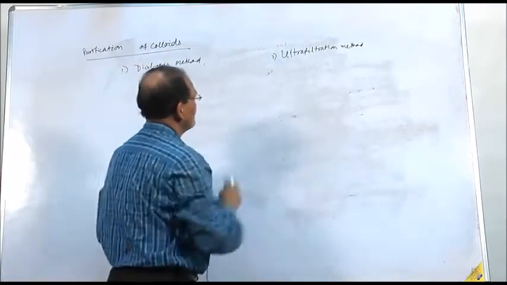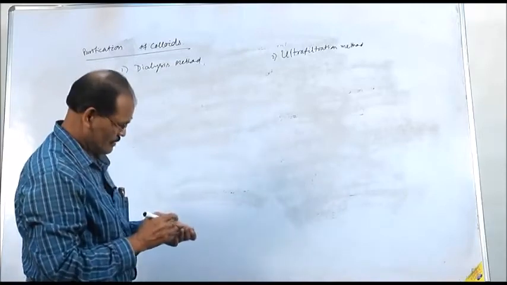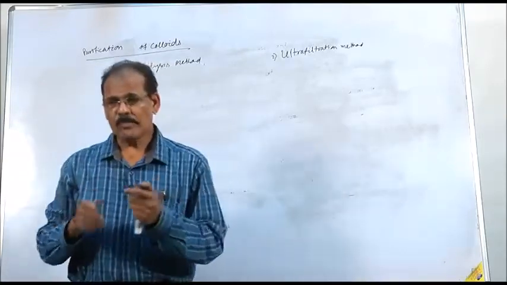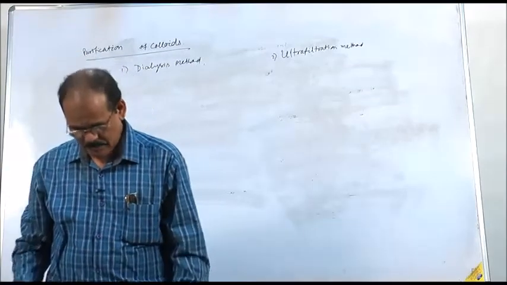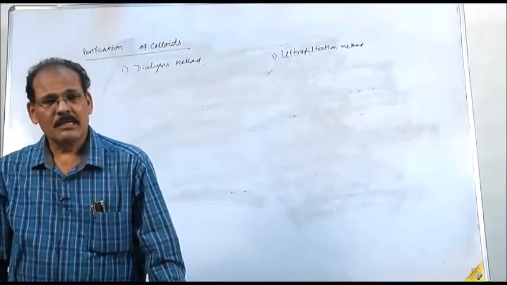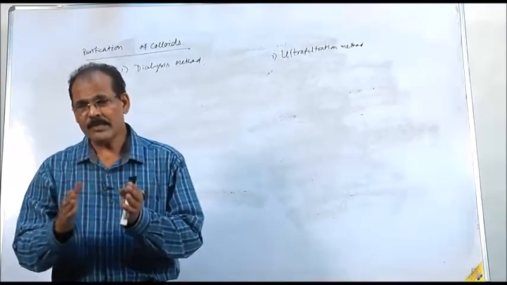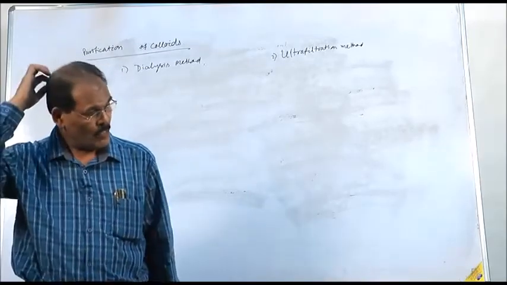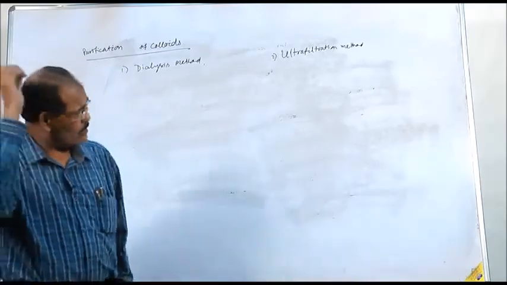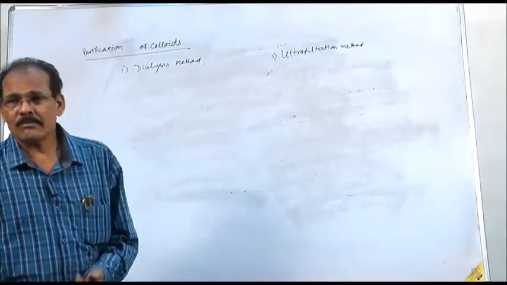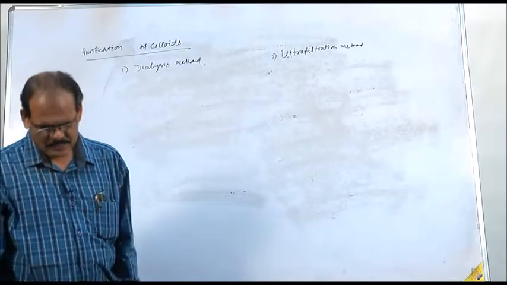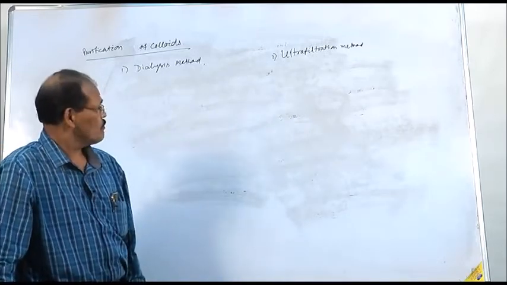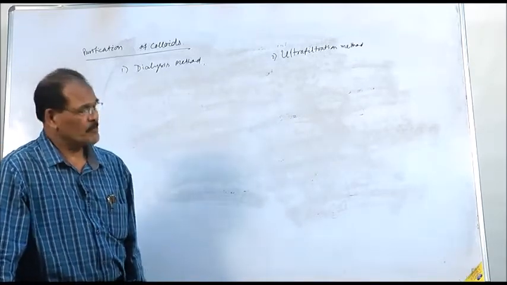Then ultrafiltration. In that case, as we know, the pure particles are of 1 nanometer size, so they can be easily filtered out with the solvents. Whenever the particles are larger than colloidal size, this process is not possible with ordinary filter paper.